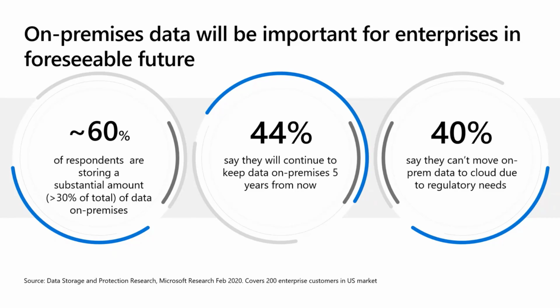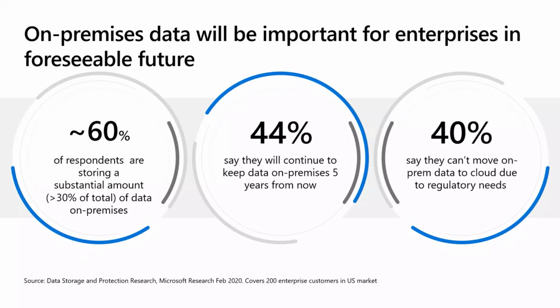At the beginning of this year, we conducted research in the US, which is obviously the easiest market for cloud adoption. And we found these numbers. I think that the number in the middle, the 44%, was the most convincing one. Customers told us that even in 5 years from now, almost half of our customers will have a substantial amount of important data on-prem, which means on-prem is here to stay.